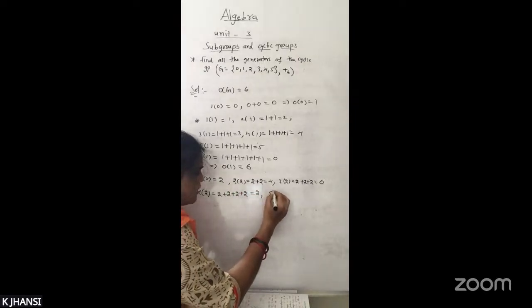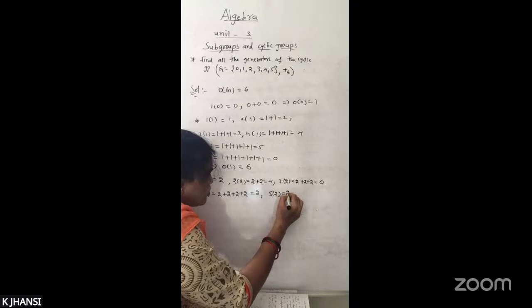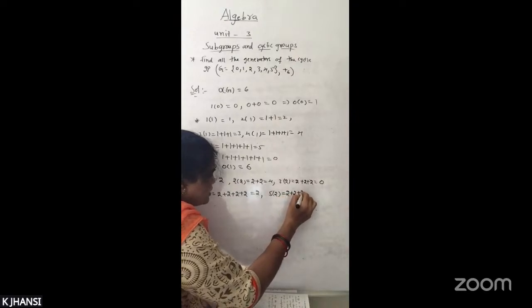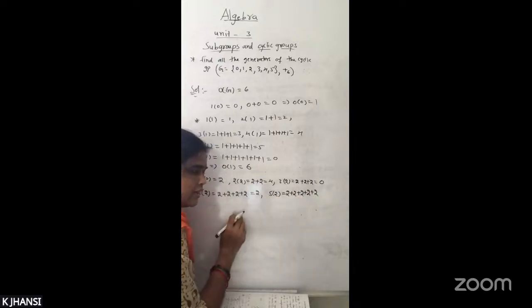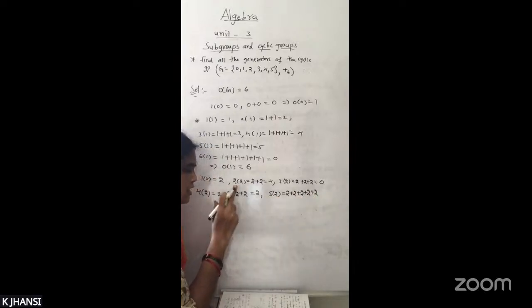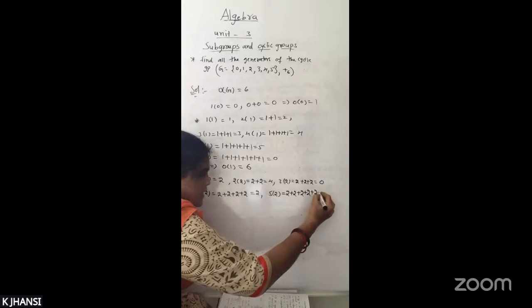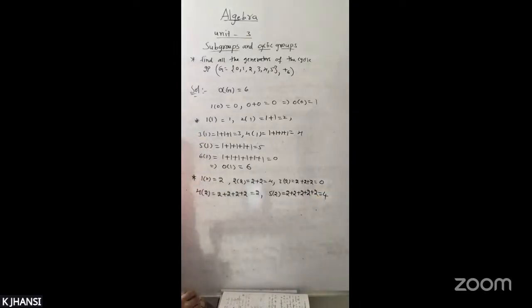Then 5 times of 2 is 2 plus 2 plus 2 plus 2 plus 2, so you will get 10. 10 with 6 as 0 gives 4.